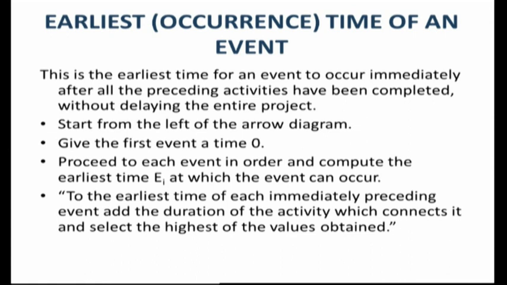It means that if we have an activity which can only start after the previous 3 activities have been completed, we make note of the highest time that the preceding activities are taking and we add that to the time duration of that particular activity. We'll understand it with the help of a network diagram, but before that, let us have a look at what the latest occurrence time of an event means.